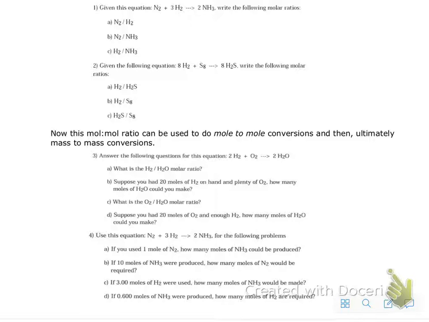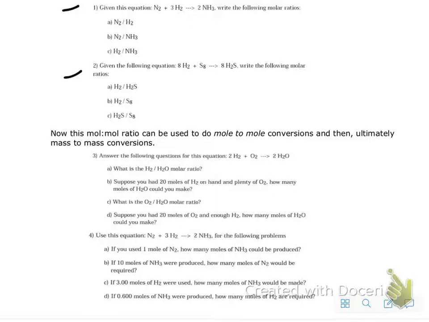So just to get a little practice with using mole-to-mole ratios and being able to pick them out from a balanced equation, let's go ahead and talk through these first two questions, example 1 and 2. And it's just having us actually write down that ratio. And we want to write it down in the form of a fraction because that's what's going to look like when we actually set up our stoichiometry problems.